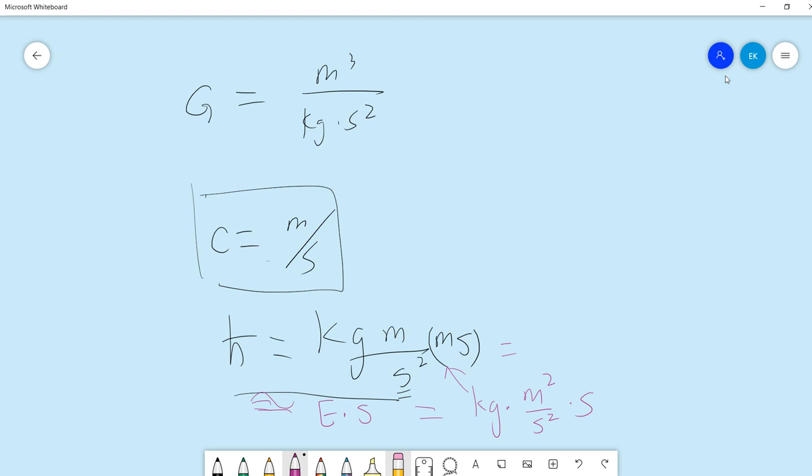And G m m divided by r squared is force. Force can be written as m a. So the unit of G is a times length squared divided by m.